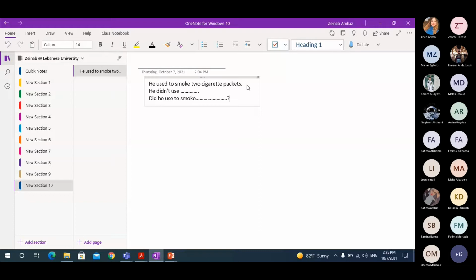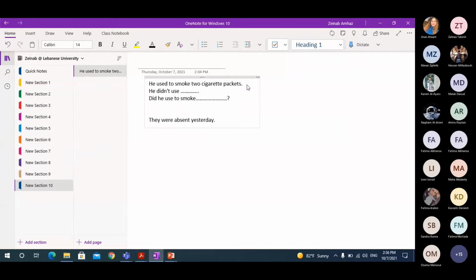Yes. Then sometimes in some sentences, and I did not go through them because you know them, if we have verb to be in the sentence or a modal in the sentence, we use it to form the negative. For example, they were absent, let's say, yesterday. If I want to change it to the negative, I say they weren't absent.